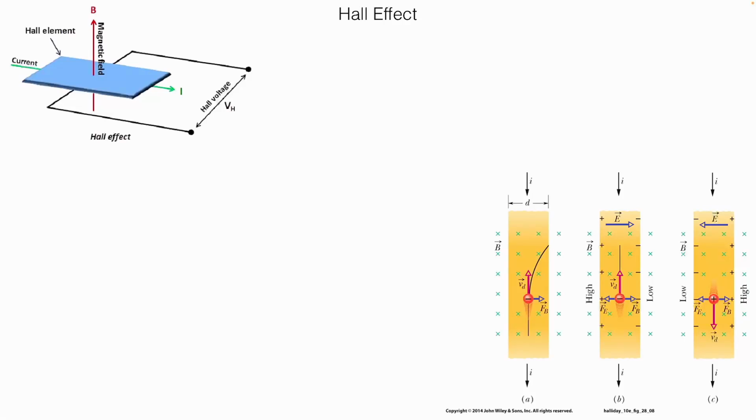What is the Hall effect? If you take a conductor and put it in this magnetic field right here, and you run a current along that conductor, we know a current is going to be affected by a magnetic field.